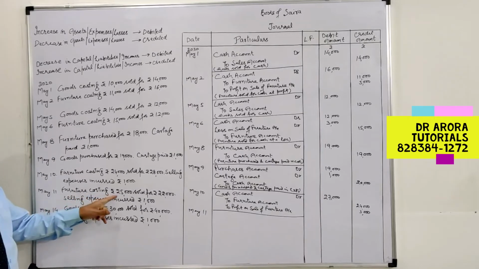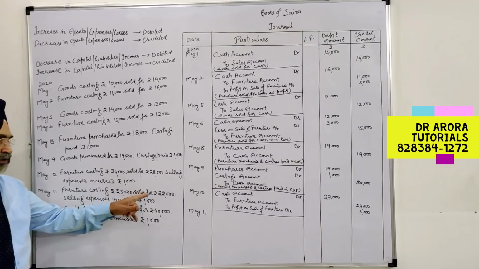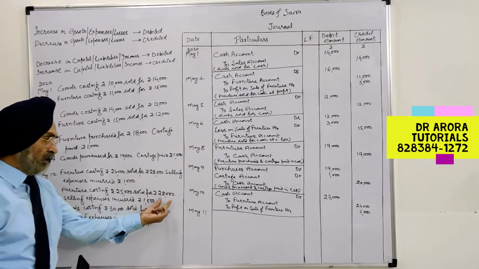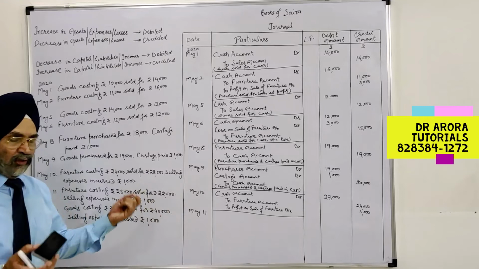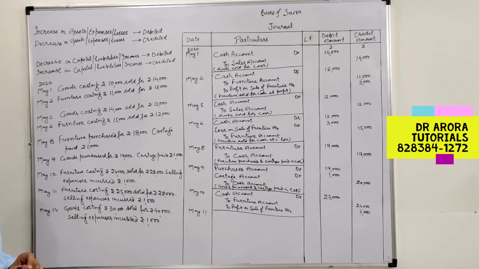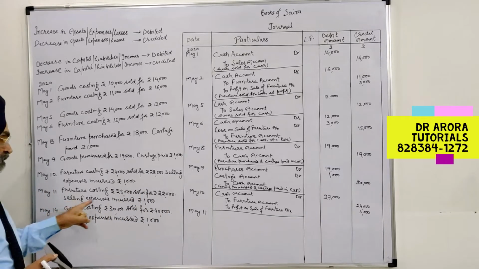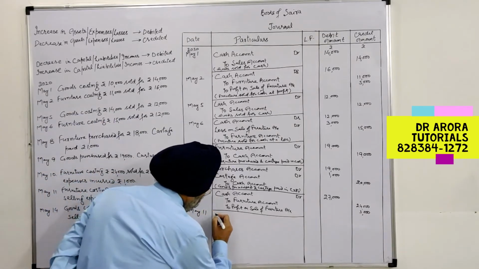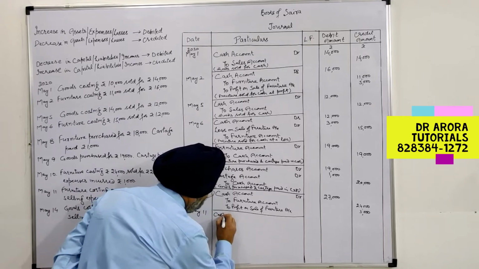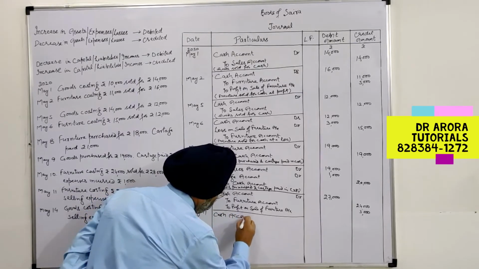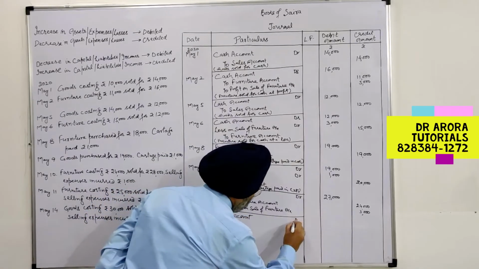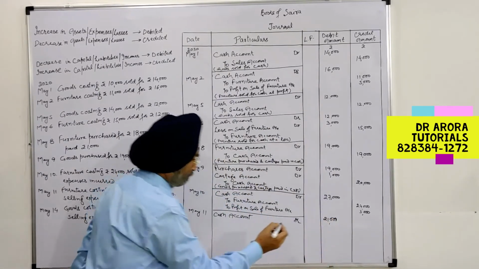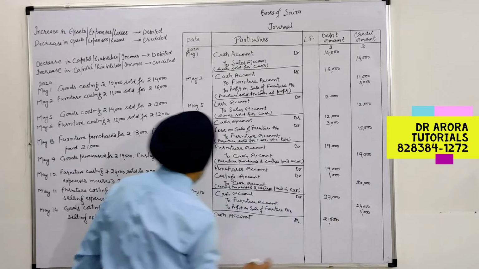Furniture costing rupees 25,000 sold for 22,000. Sale price 22,000, so 22,000 cash was to be received. But because there is expenditure of rupees 1,000, our cash will be reduced by rupees 1,000. So cash account debited rupees 21,000.